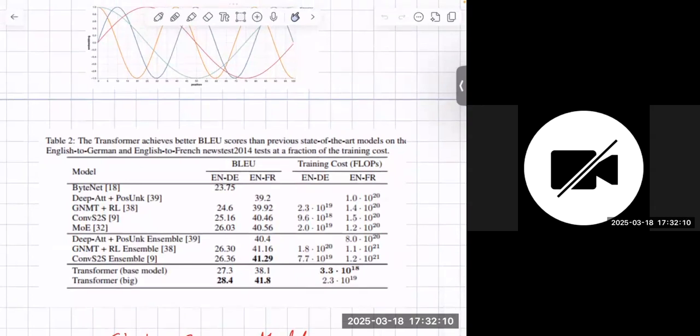And these are the experiments they got out of it back in the day. This is, I think, a 2017 paper. This is a specific error measure for translation people. You don't need to worry about what that is. And they compare it to state of the art.